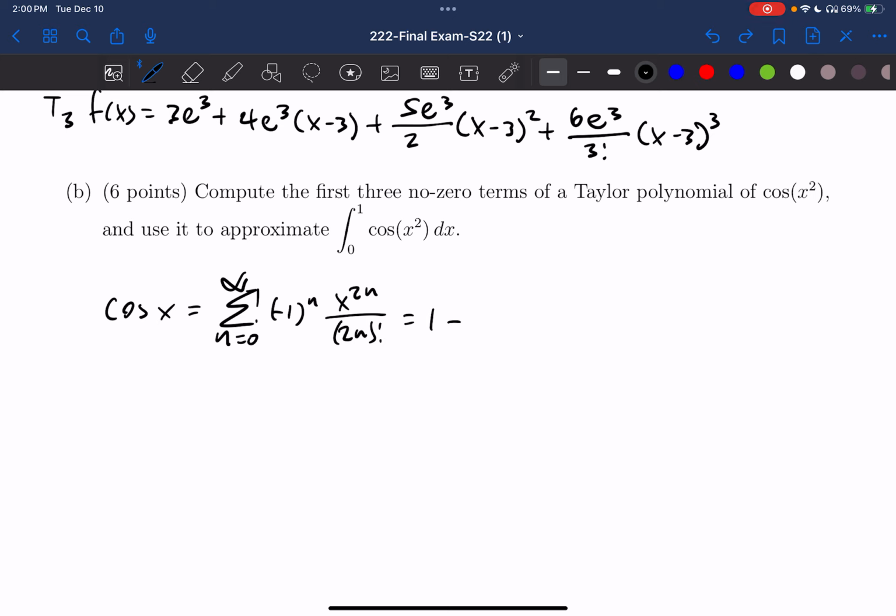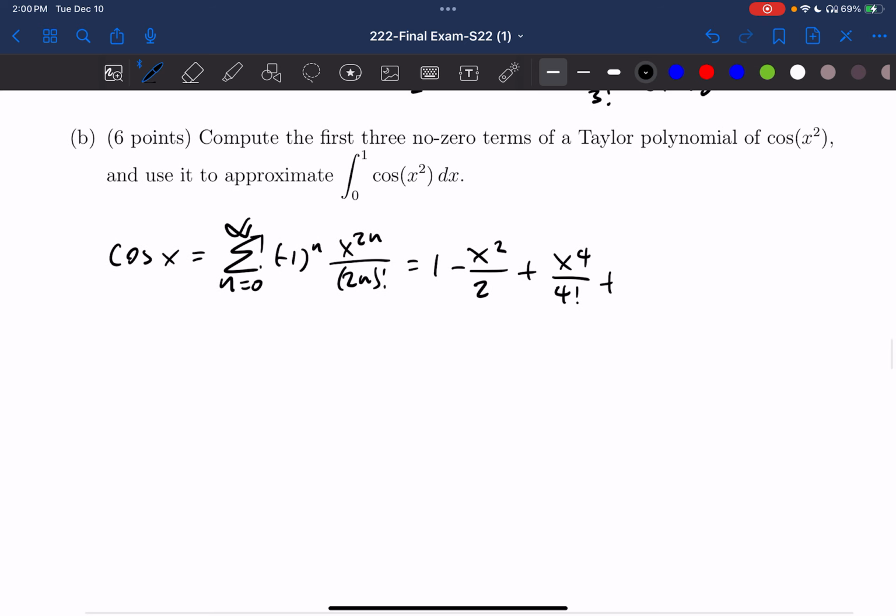And plugging in 1 for n, we will get x squared divided by 2 factorial, which will just be 2. Plus, plugging in 2 for n, we will get x to the 4th power divided by 4 factorial. Plus dot dot dot and so on. This is the first 3 non-zero terms, so we can stop there.